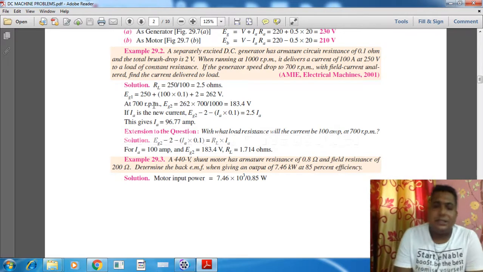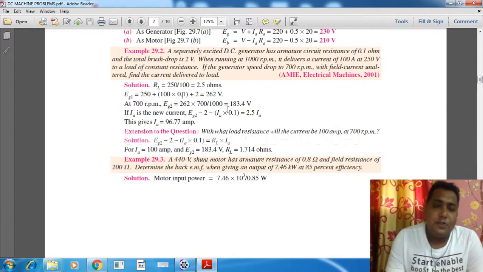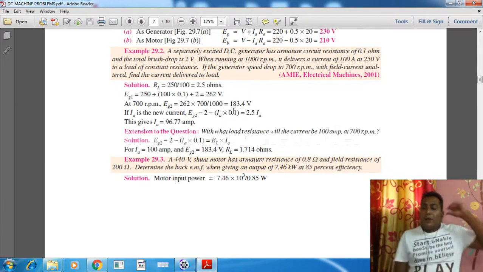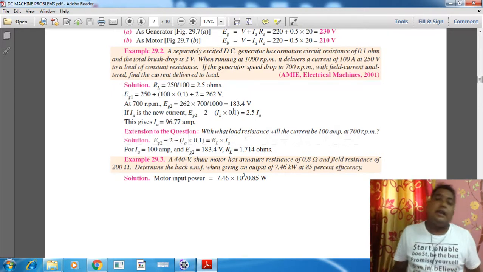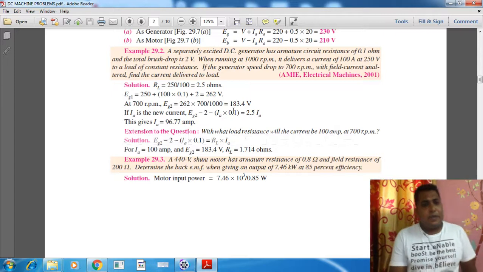So from that equation, at 700 rpm, Eg2 is equal to Eg1 into 700 by 1000. This 262 is the Eg1, into 700, the reduced speed, and 1000 is the previous speed. So when the speed is reduced to 700, the EMF value is 183.4 volt, okay.